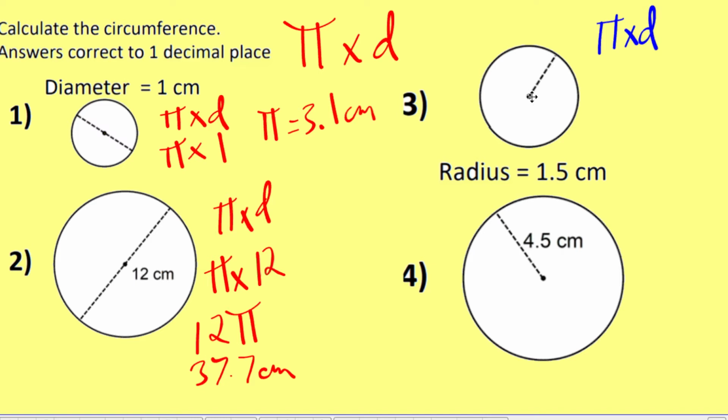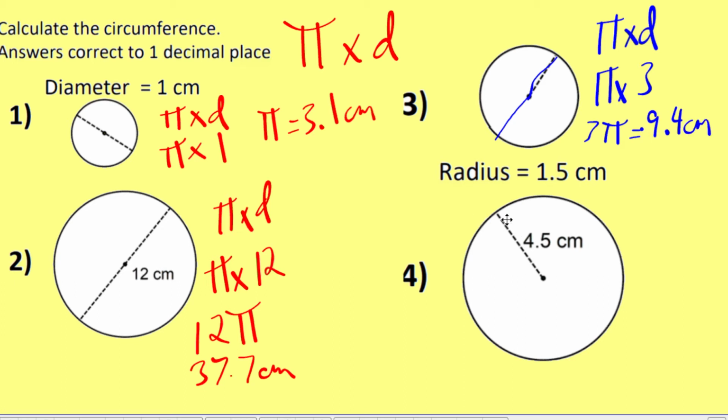So what we need to do is double this length, which is 1.5, to get the diameter. So it's actually going to be pi times 3, which is going to give us 3 pi, or 9.424, which I'm just going to round to 9.4, and that's centimeters.